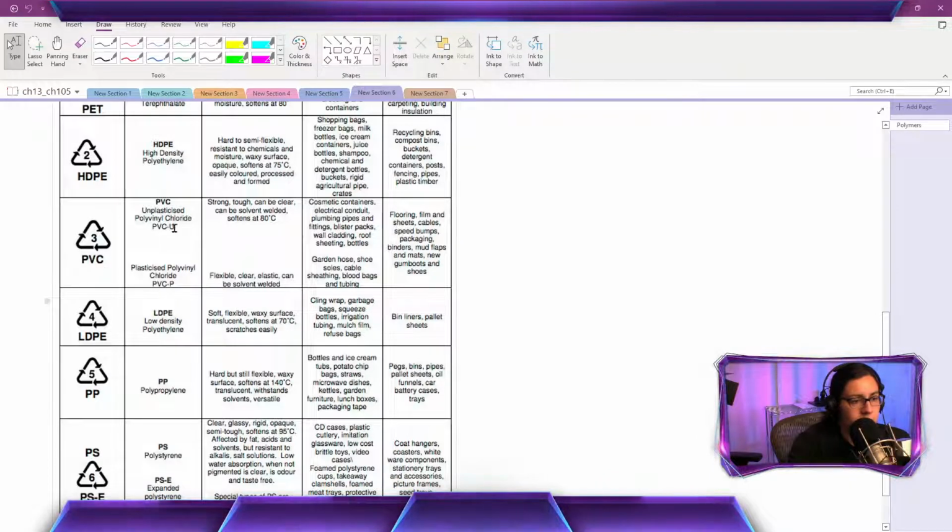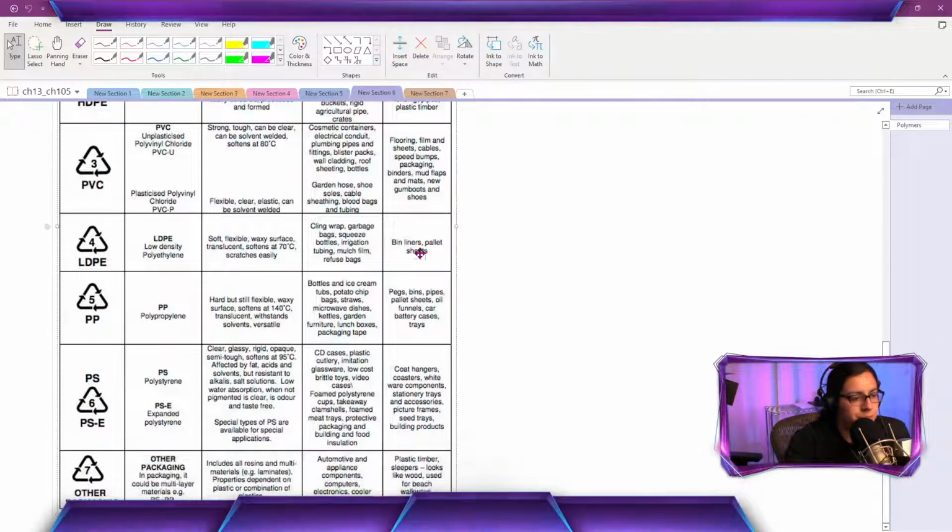Now PVC, this can be tougher. And notice too, as you go down, usually it's harder and harder to recycle. These can still be turned into speed bumps, binders, mud flaps, all sorts of things.